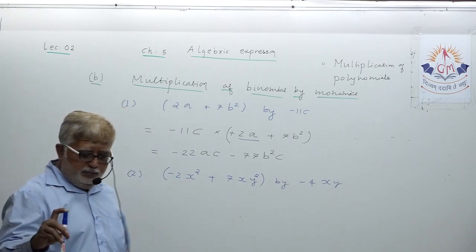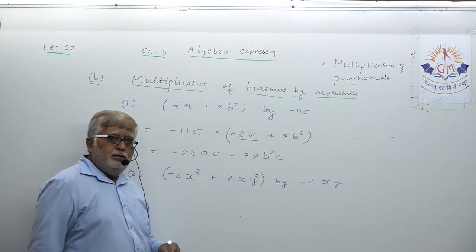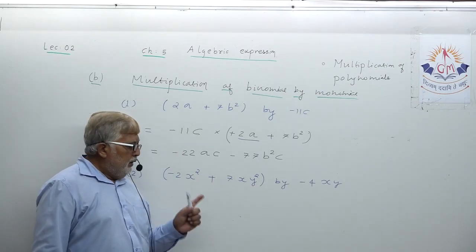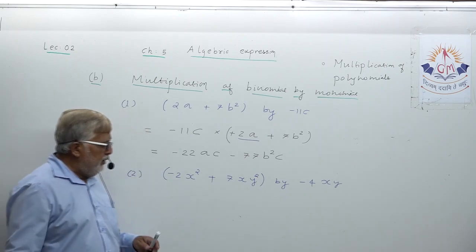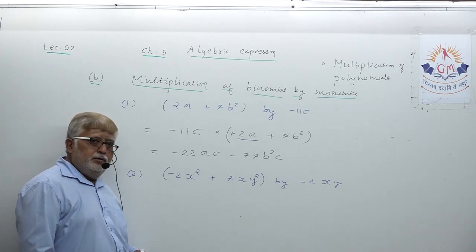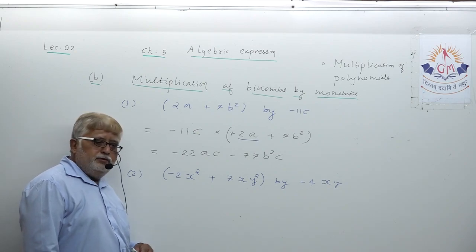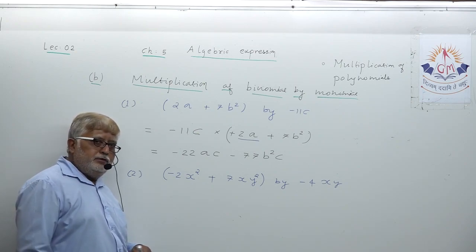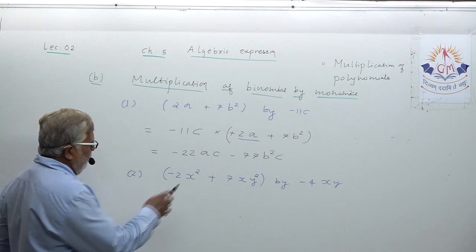You have to multiply the binomial by the given monomial. The given monomial is minus 4xy and the binomial which is given to you is minus 2x square plus 7xy square. How can we accomplish this, dear student?